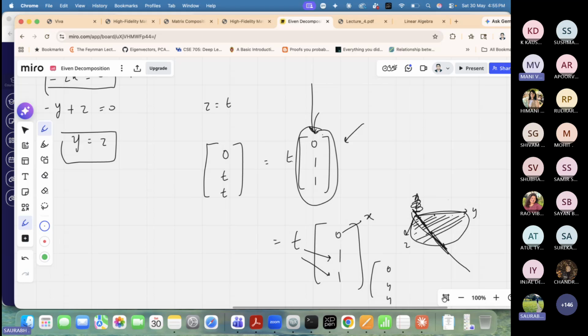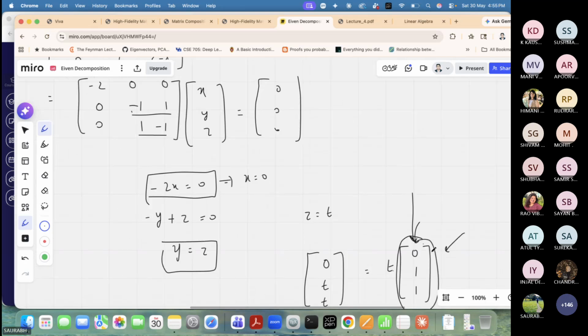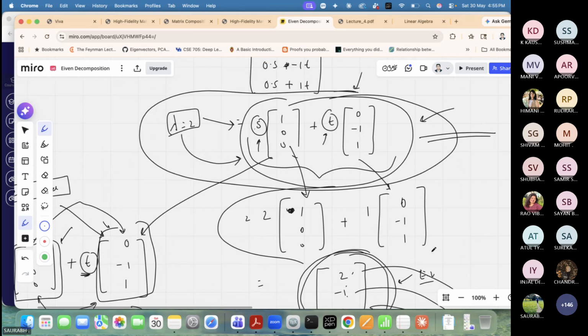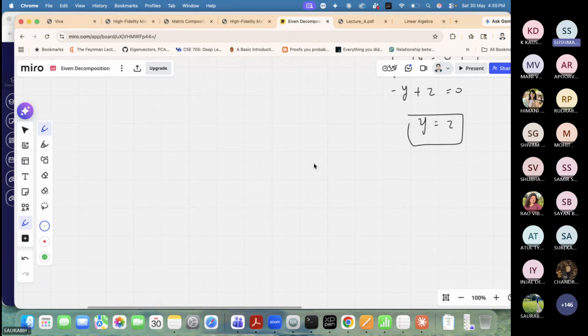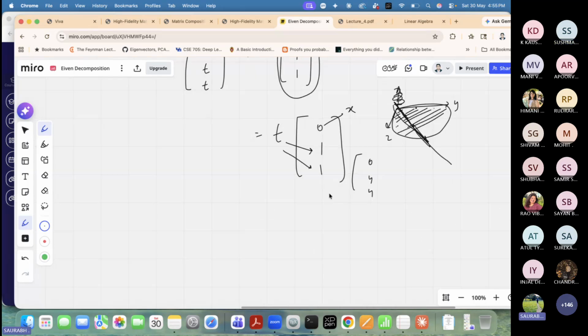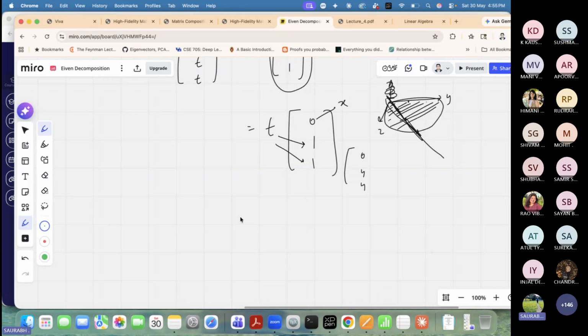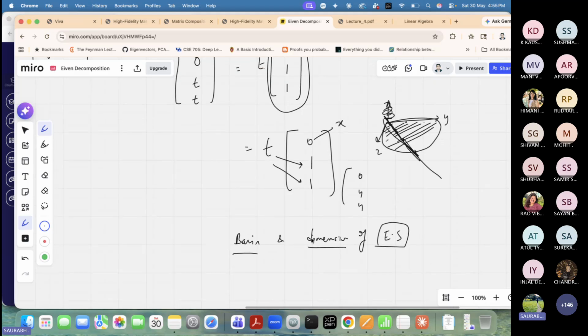The 2D space is for lambda equals 2, that's right. So what should the dimensions be? If the question says find the basis and dimension of the eigenspace, lambda equals 4 has its own eigenspace, so herein the basis would be this and the dimension would be 1.